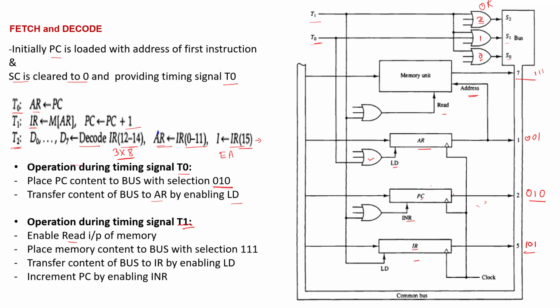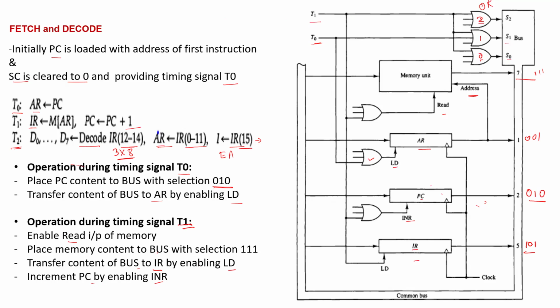So first the PC gives its contents to the bus, the contents go to the address register, the address register seeks those contents from the memory unit, and the memory unit puts them on the bus. These are controlled with the help of the selection line and timing cycle. Then the content of the bus is transferred to the instruction register by enabling load, and at the same time the PC is incremented, by enabling I and R.